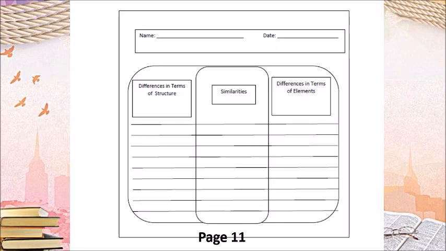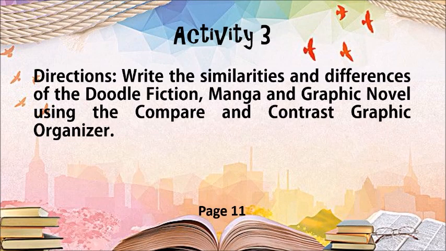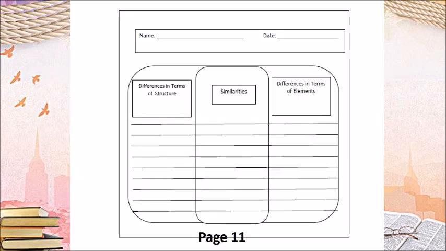Moreover, on page 11, differentiate the terms of structure and the similarities. You're going to use this box on page 11 in order to compare the similarities and differences of doodle fiction, manga, and graphic novel. So you're going to follow this box on page 11.